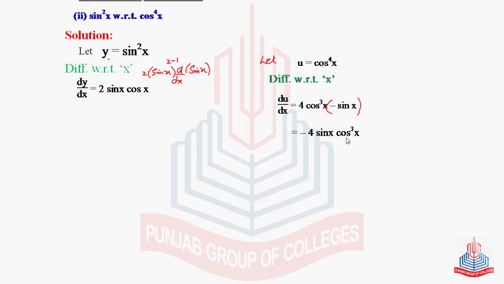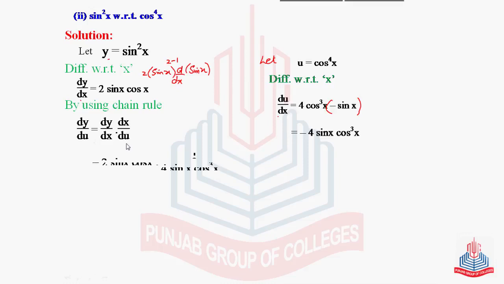Again we have two derivatives, dy by dx and du by dx. So joining these two derivatives by using chain rule, dy by du is equal to dy by dx into dx by du. Dy by dx we calculated here, 2 sin x cos x, and dx by du, just taking the reciprocal of this function, which is minus 1 over 4 sin x into cos cube x.